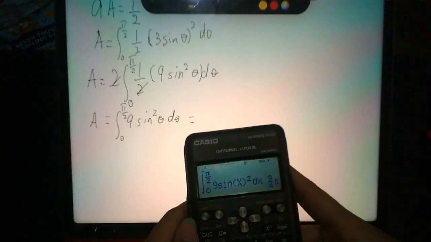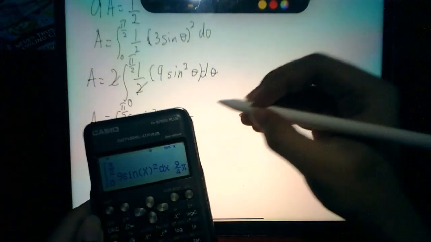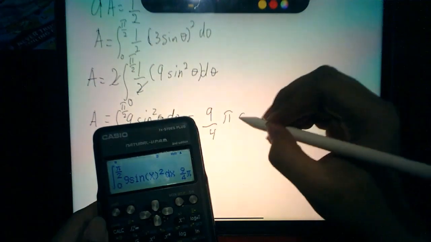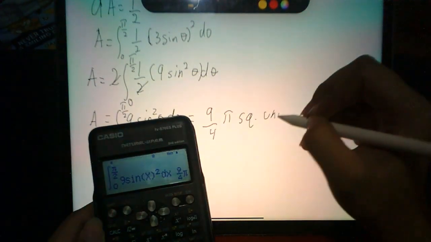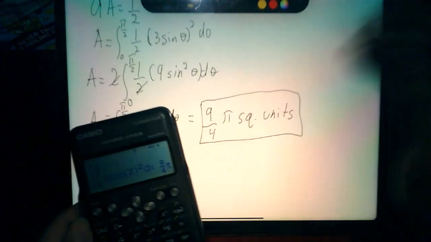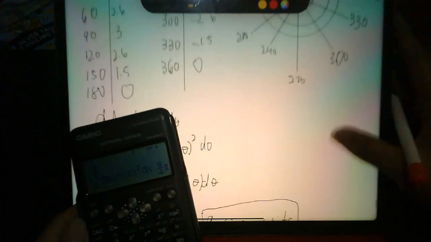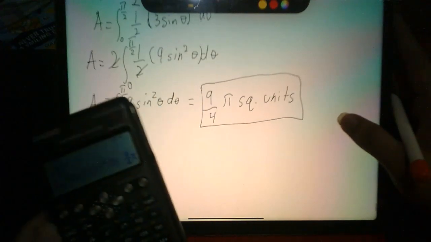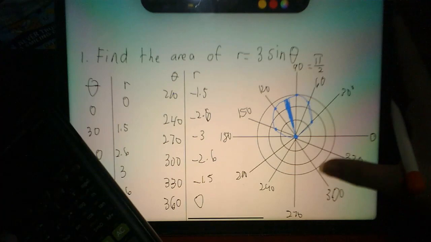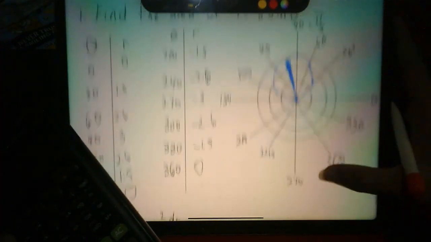Our answer here is 9 over 4 pi square units. So this is our answer for our number 1 problem, the area of r equals 3 sine theta. Now we move on to number 2, our last example.